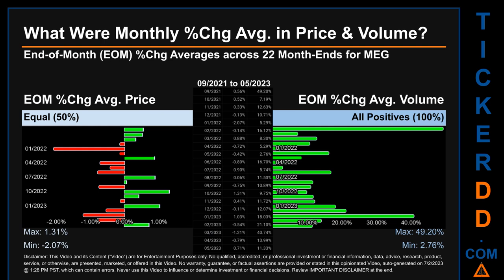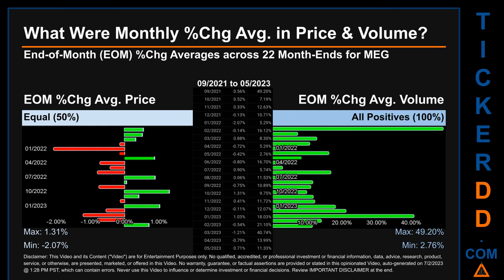From 09, 2021 to 05, 2023, there was an equal split of monthly percentage change in price across 22 month ends. In terms of volume, 22 out of 22 month ends had a positive percentage change. That is 100% of month ends saw a positive percentage change in average volume.